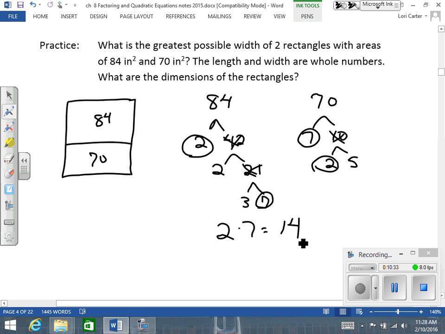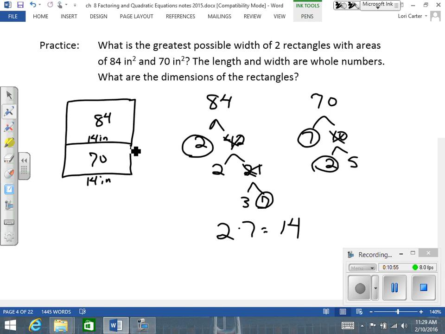What is that of my rectangle? 2 and 7. That's the width. So this guy is 14 inches wide, and this guy's also 14 inches wide. What's the length? 5 inches. How do you know? Because you take 70 divided by 14. What's left over? 5.